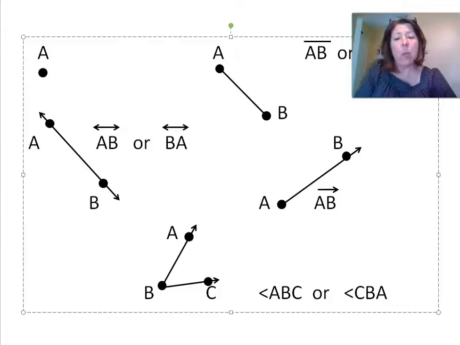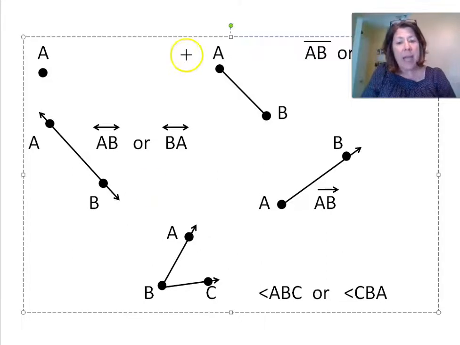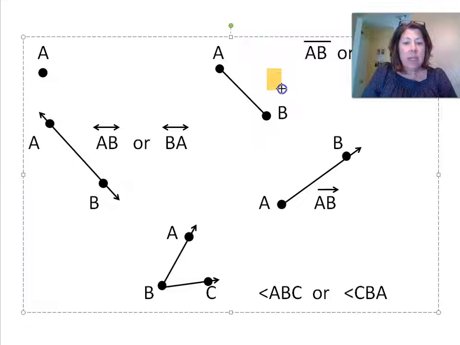I want to talk about how we name these figures. And with our point, it's as simple as point A, whatever the letter is. Point A, over here, point B. Even down here, there's a point C. But when it comes to my line segment, my ray, and my line, I have to make sure that I am naming it and reading it properly.